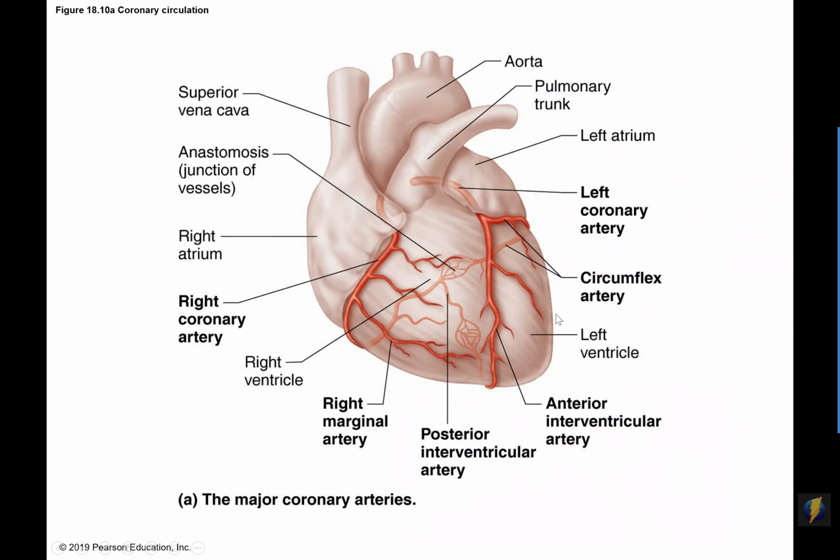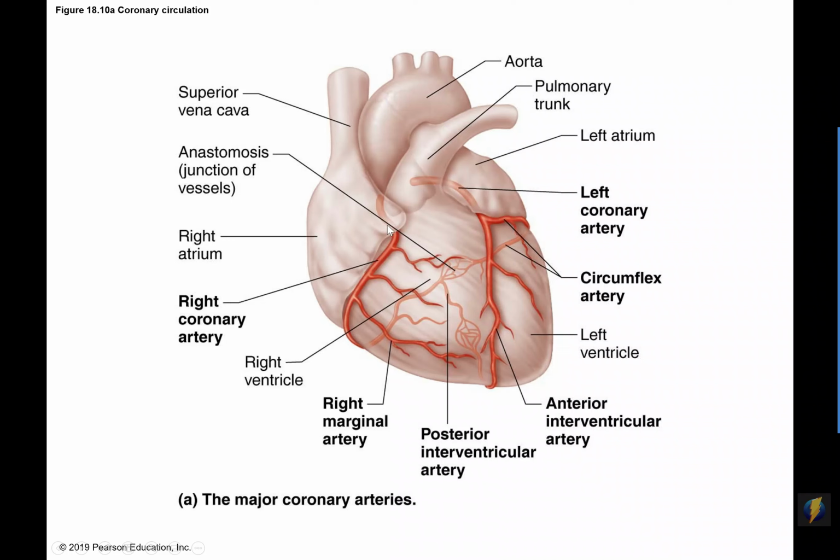So if we look at the coronary arterial circulation, you can see coming off of the ascending aorta is the left coronary artery, which then branches into the circumflex artery that goes around the heart, and then the anterior interventricular artery, which comes down the interventricular sulcus.